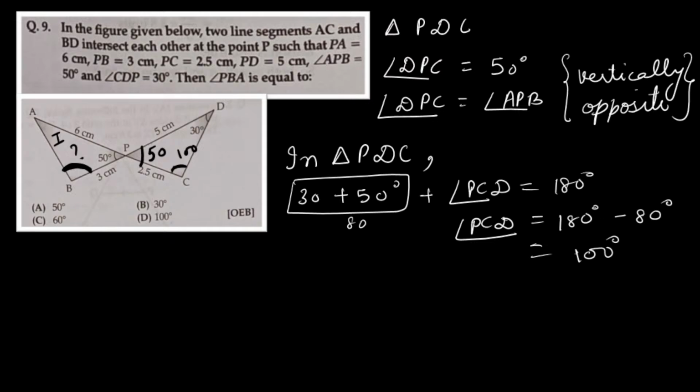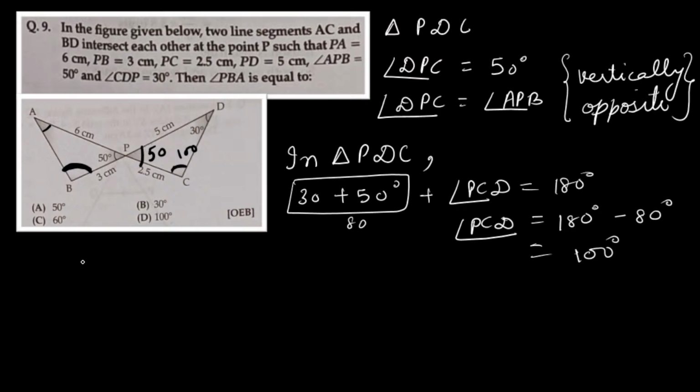This is equal to 100 degrees. So in this triangle, we know all the angles. Now we have to see which are the corresponding angles, so accordingly we will be able to answer. B's corresponding angle is which one, and A's corresponding angle? If we are able to find it out, then easily we can answer.